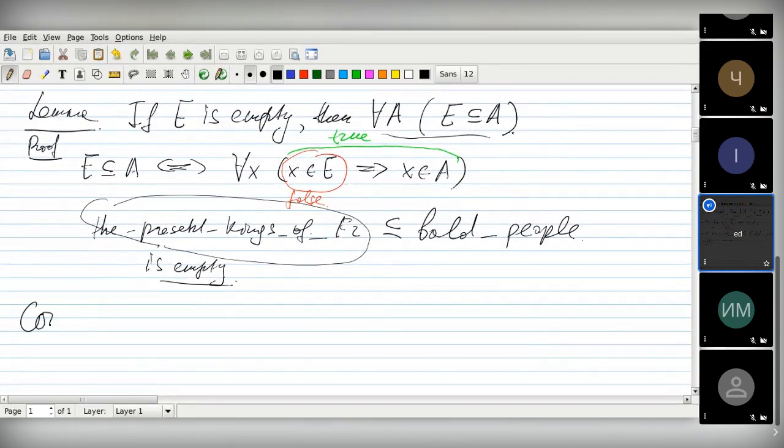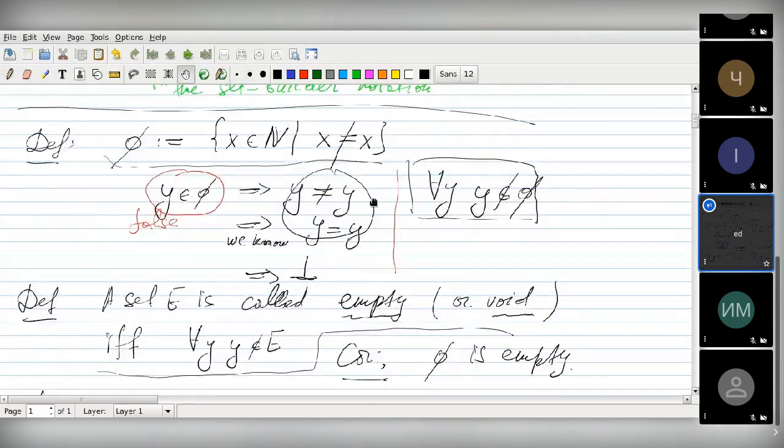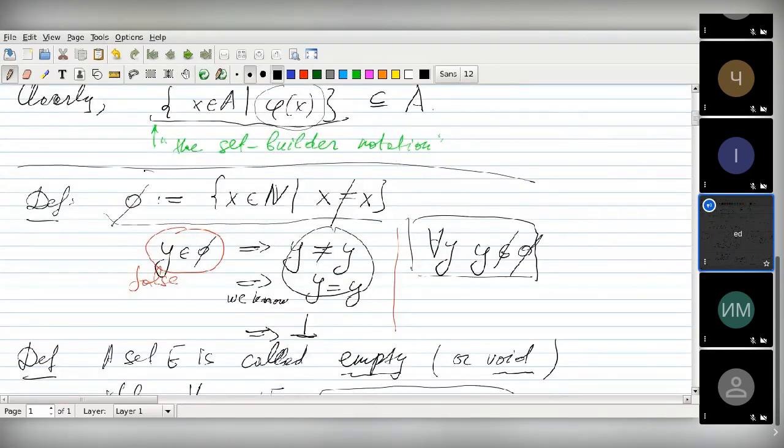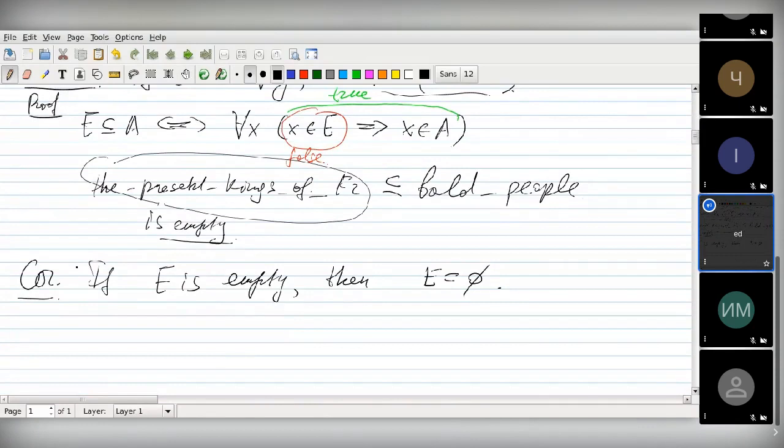As a corollary, we obtain the following. If E is empty, then E equals our exemplary empty set. This one. Why is it so? That's easy.